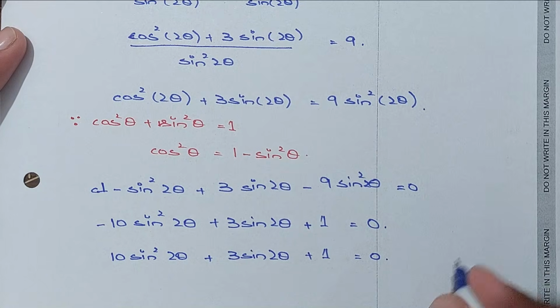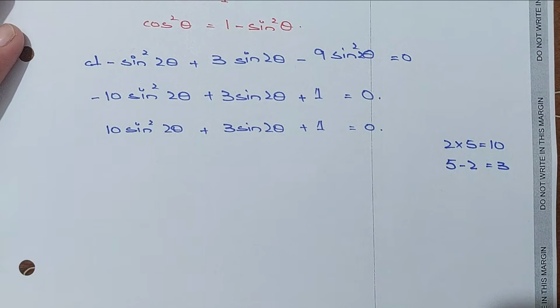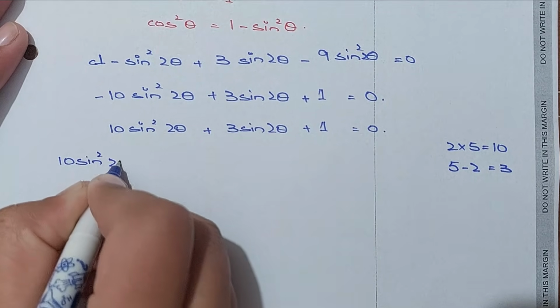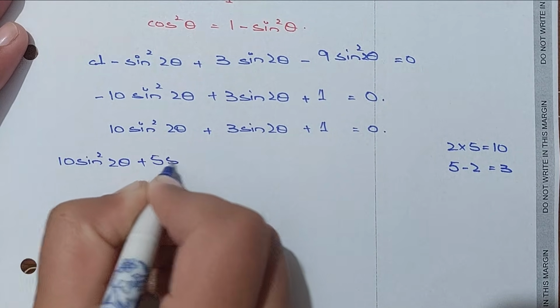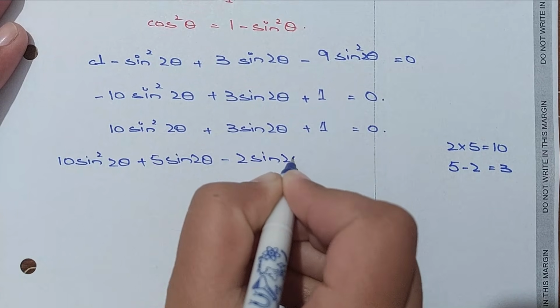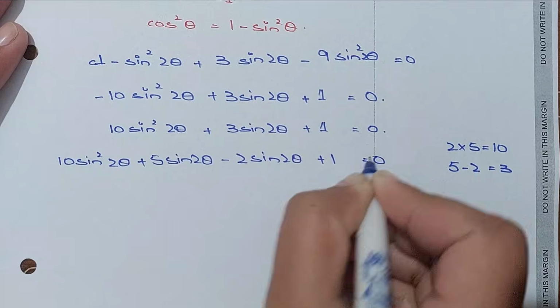So factors are 2 times 5 is 10, and 5 minus 2 is 3. Break the middle term. 5 minus 3, so 10 sine square 2 theta plus 5 sine 2 theta minus 2 sine 2 theta plus 1 equals 0.